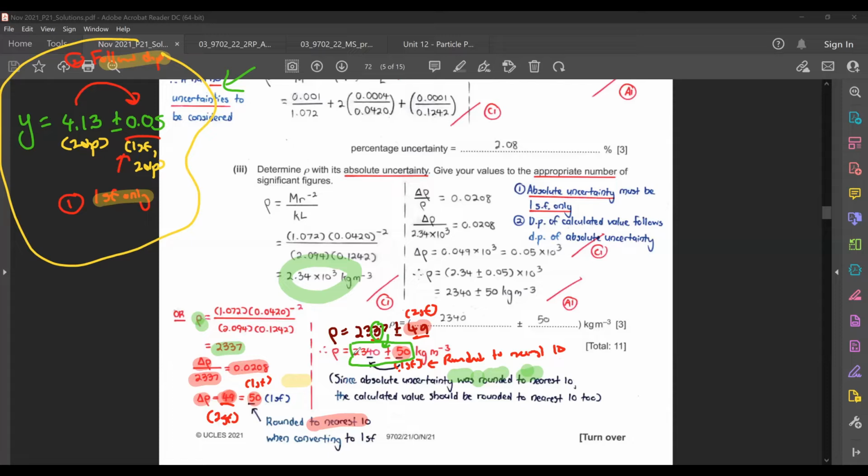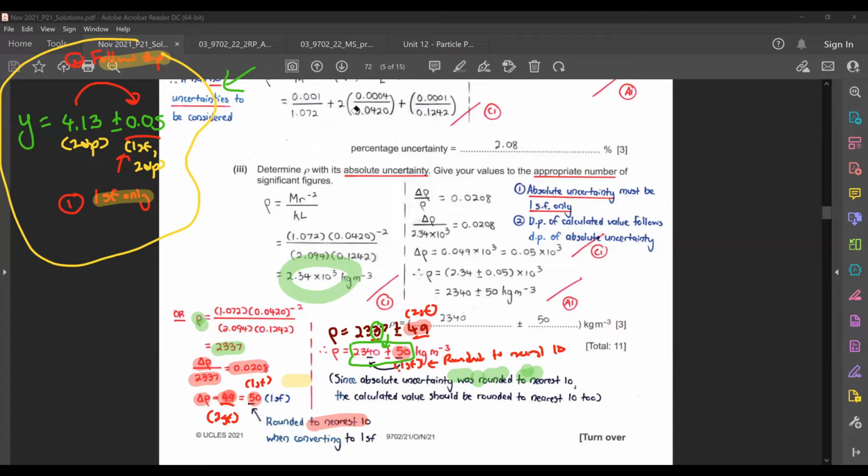So in cases where you don't have decimal places to work with, just look at whether you're rounding to the nearest 1, 10, 100, 1,000, or whatever when you round your absolute uncertainty. Your answers will be the same as if you had used decimal places. If you look at the original working here, this one was using decimal places.